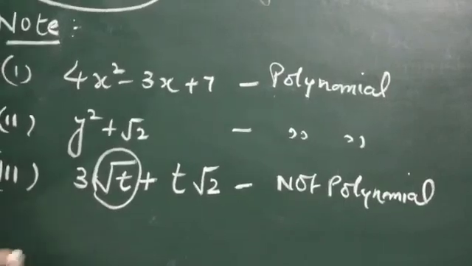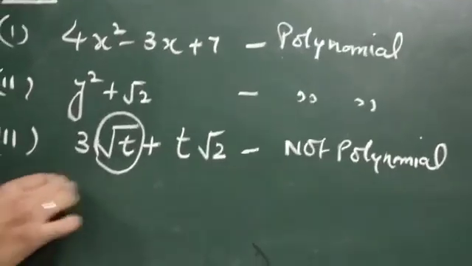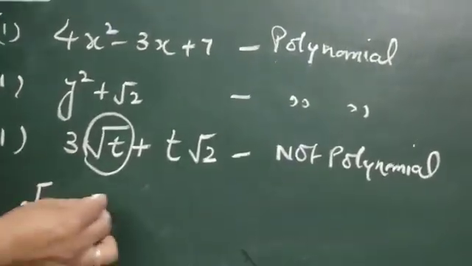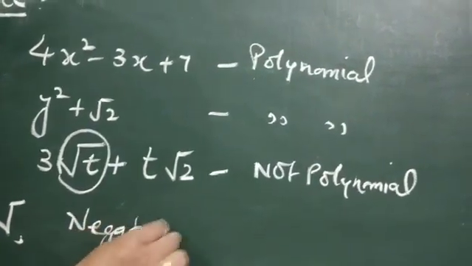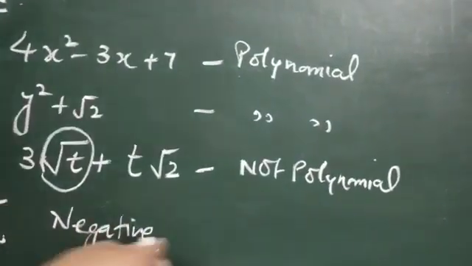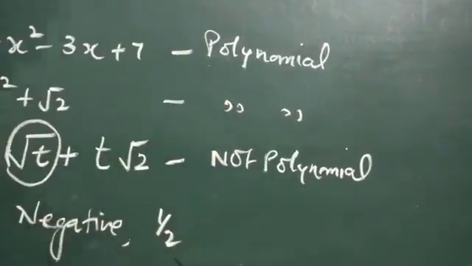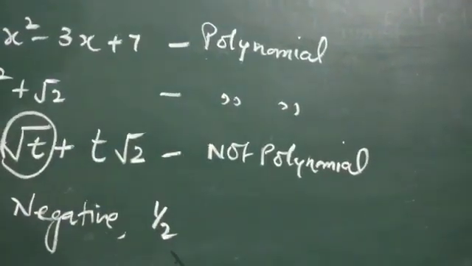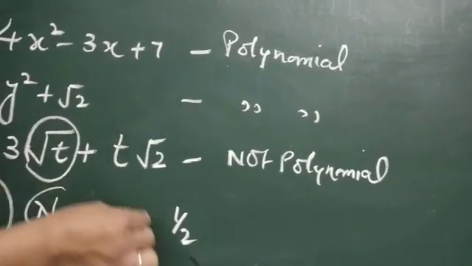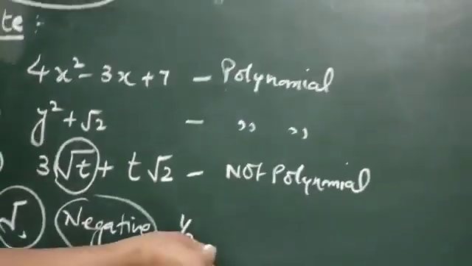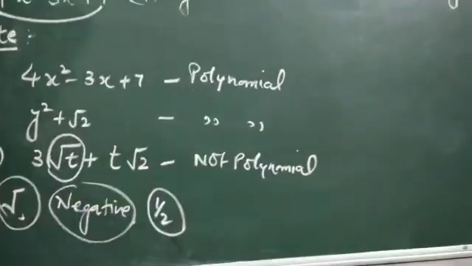Variable should not be under root, power of the variable should not be negative, and it should not be in a fraction.